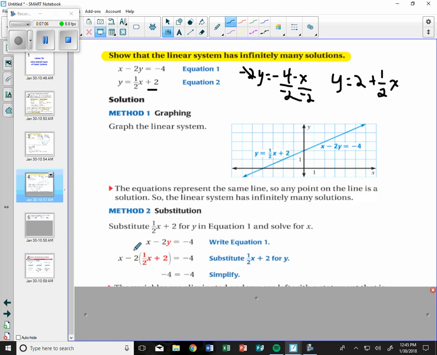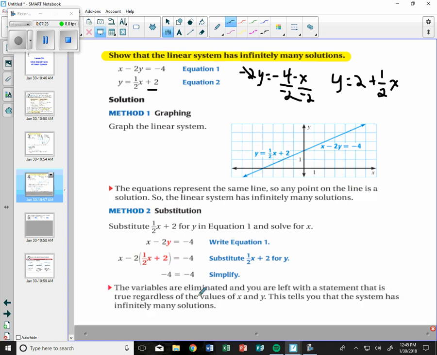Solve it out. And then this would become 2 times 1 half x would be 1x. X minus x is 0x. So I end up with the solution of negative 4 equals negative 4. Since that is a correct statement, but there's no x's left, it means that there's infinitely many solutions since this is a true statement.